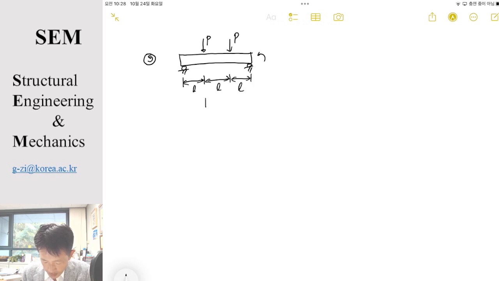Then in this place we have a constant bending moment, such that the bending moment is equal to L times P. Then if you identify a point here, say, because of rotation, this point was on the top and it's moving downward, so here.